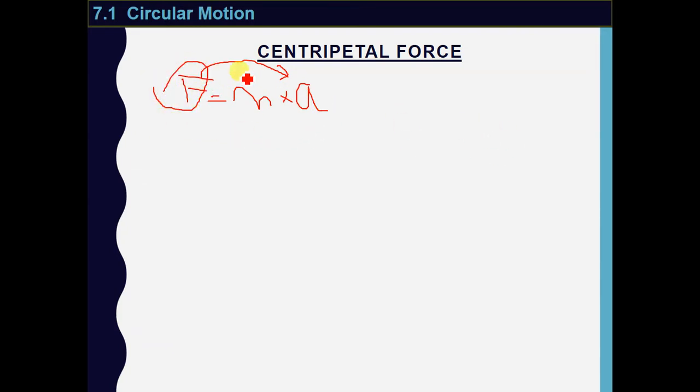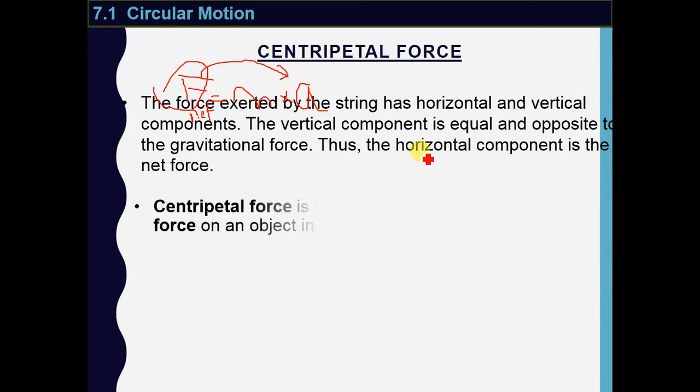This is the second law of Newton: F net equals the mass of our object times acceleration. So whenever we have an accelerating object, this acceleration is because of a net force exerted on the object. We will give an example.